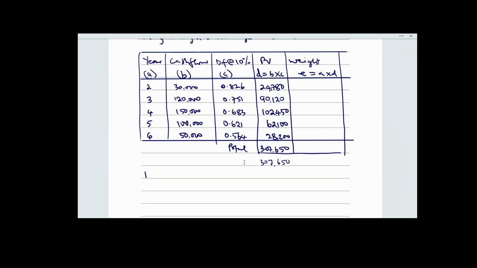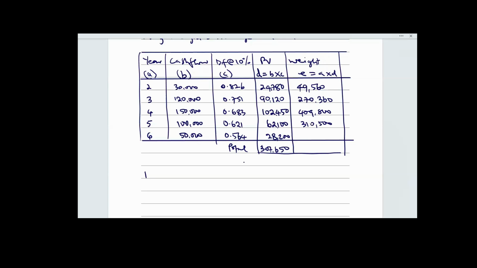So give me the weights by multiplying number of years with the corresponding present value. 2 multiplied by 24,780 is 49,560. Next, 270,360. Then 409,800. Year five, 310,500.